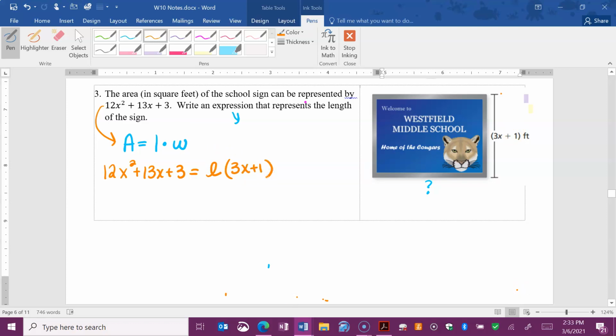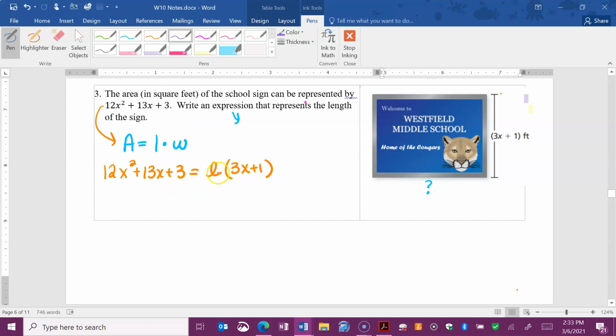Now, let's think about this for a minute. What would be ideal is if we divided by 3x plus 1, which we can do. And just remember that dividing is like factoring, right? It's the same simple product situation. So while I technically would divide by 3x plus 1, I want you to think about this for a minute.